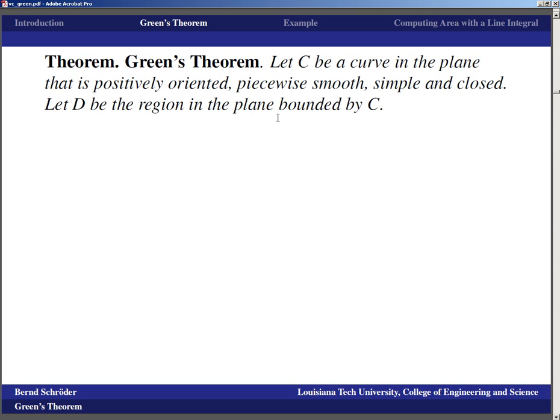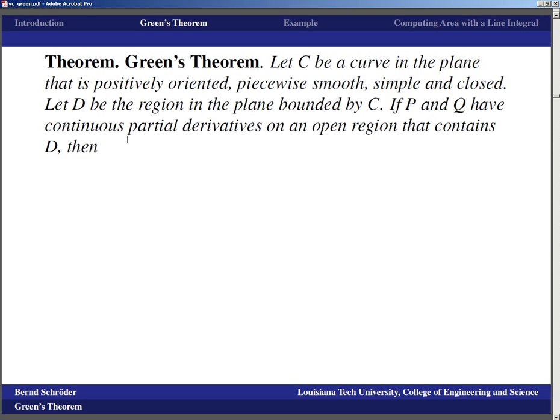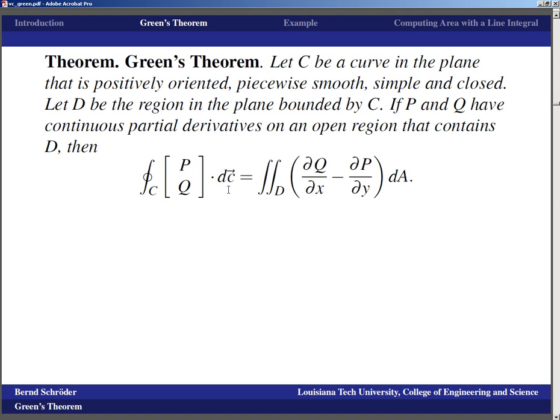And if D is a region in the plane that is bounded by that curve, and P and Q have continuous partial derivatives on an open region that contains D, then the line integral of the vector field PQ along the closed curve C is equal to the integral over the region D of dQ/dx minus dP/dy as an area integral.